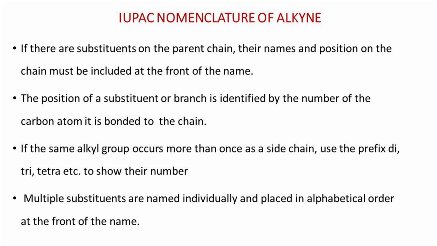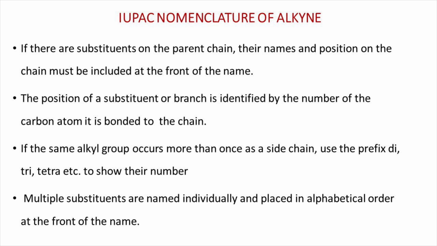For naming the substituents on the alkyne, the rules are: if there are substituents on the parent chain, their names and position on the chain must be included at the front of the name. The position of a substituent or branch is identified by the number of the carbon atom it is bonded to in the chain. If the same alkyl group occurs more than once as a side chain, use the prefix di, tri, tetra, etc. to show their number.